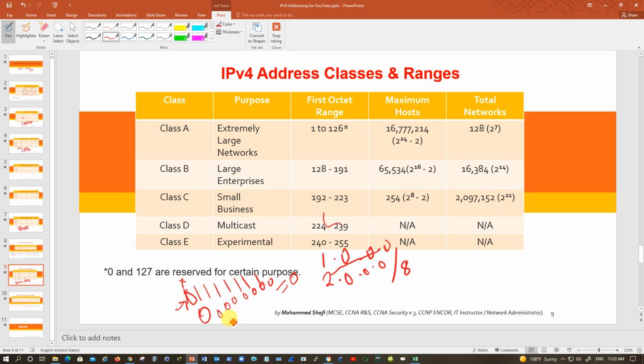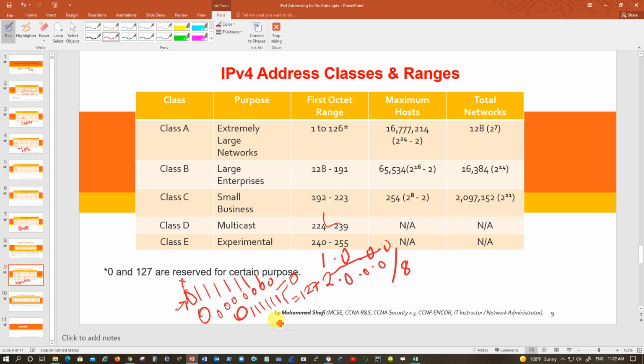Likewise, leaving the first bit as it is, I write down the remaining 7 ones. If I convert this binary to decimal, what should I get here? I will get 127.